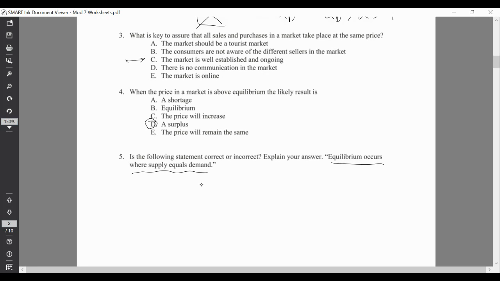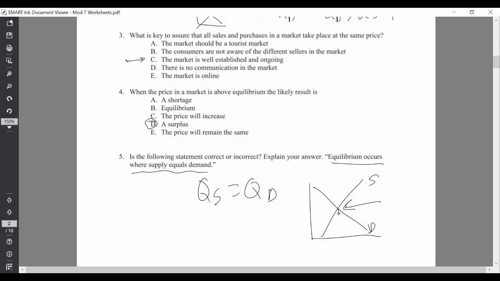So, not where supply and demand, but where quantity supplied equals quantity demanded. You could also say that equilibrium occurs where the supply curve intersects the demand curve. And at that point, quantity supplied does equal quantity demanded. So once again, we don't just say when supply equals demand. That's kind of a generic thing, but technically that's not right.